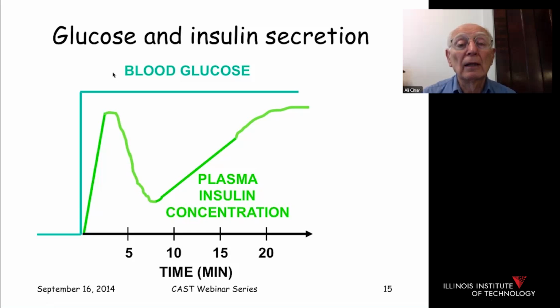And then as that supply is depleted, there is production of insulin, but the secretion is going down for a while. And when there is enough insulin manufactured in the islets and secretion increases again, we will see this increase in the insulin concentration again.